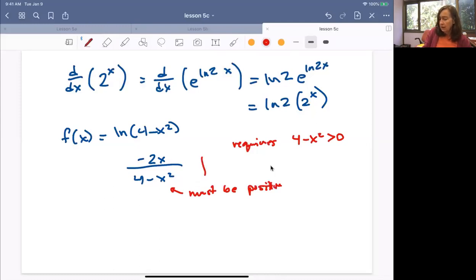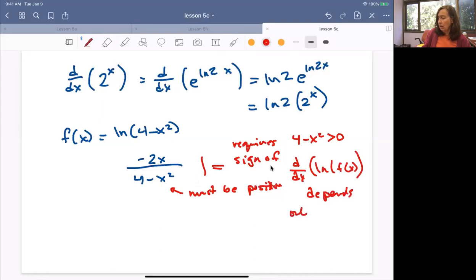So the punchline here: the sign of, let's really say what we're saying, the derivative with respect to x of log f of x depends only on f prime of x.